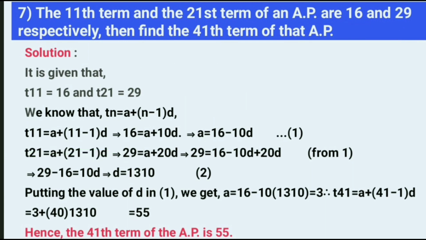Now T21, take n is equal to 21. So T21 is equal to A plus 21 minus 1 into D. Therefore 29 is equal to A plus 20D. So 29 is equal to 16 minus 10D plus 20D from equation number 1.